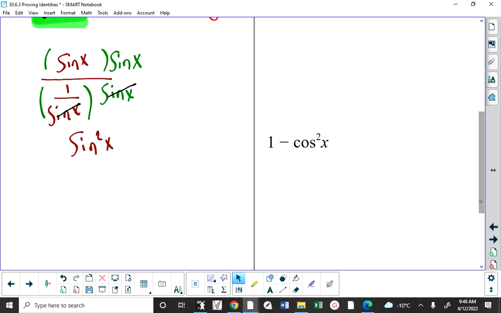I hope everybody. But we're not done the proof. Whatever we have on the bottom of each column in the two-column proof has to be exactly the same. So I would just write 1 minus cos squared of x here, and write Pythagorean identity.